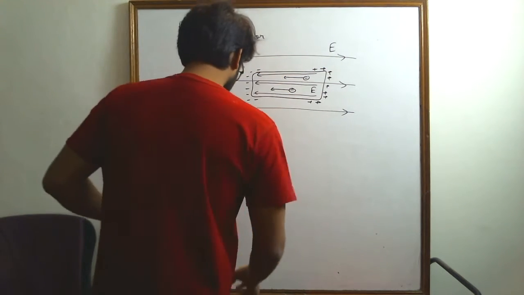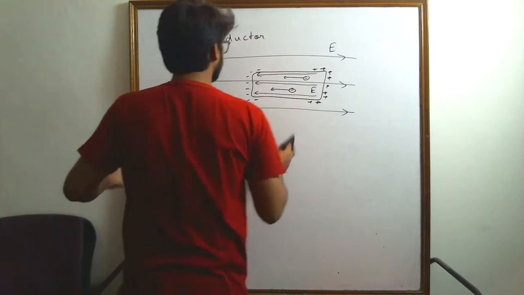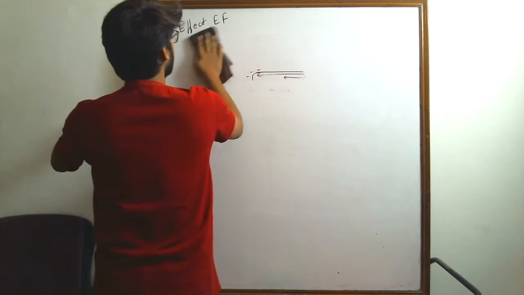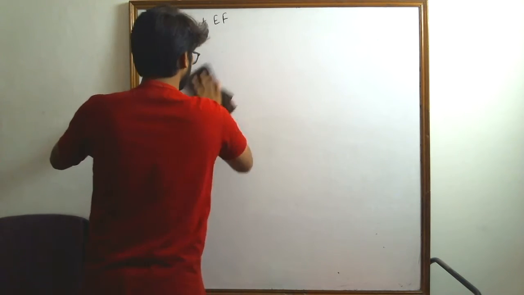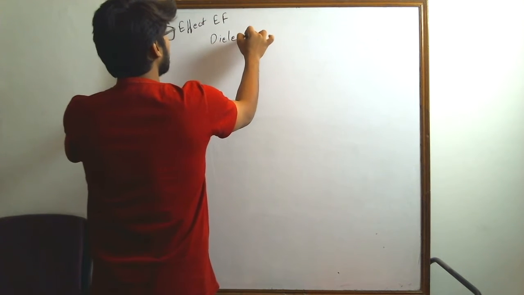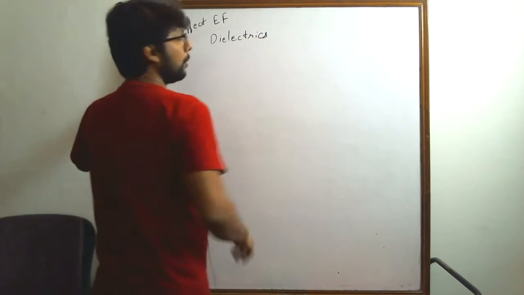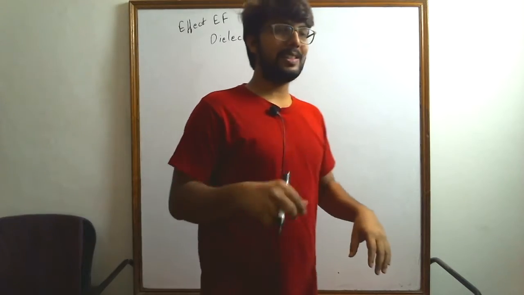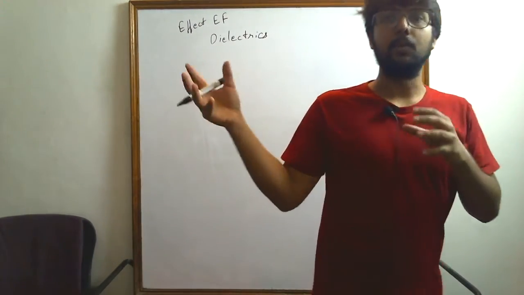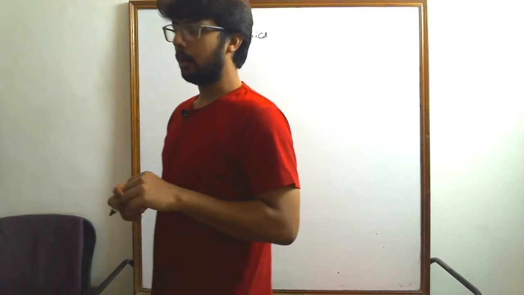Now what if we talk about a dielectric? Let's first understand what a dielectric is. Dielectrics are materials which are non-conductors. That means they do not have free charged particles like electrons that can move from here to there in their body, right?